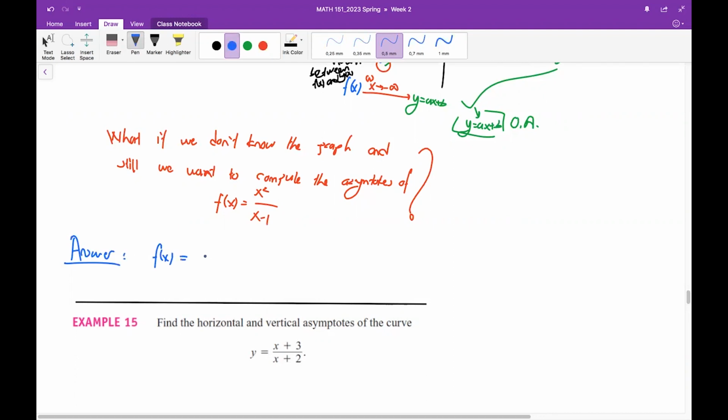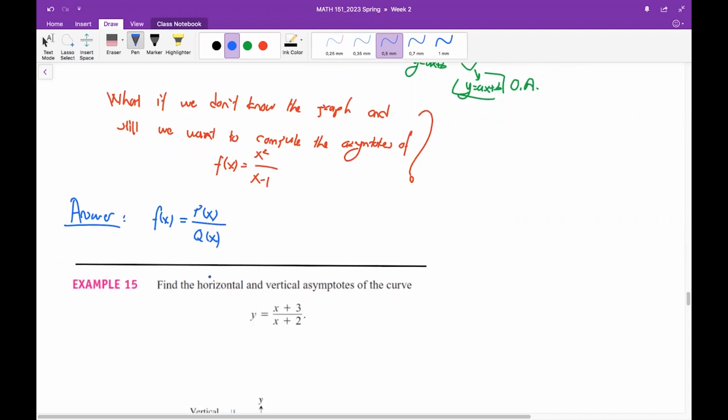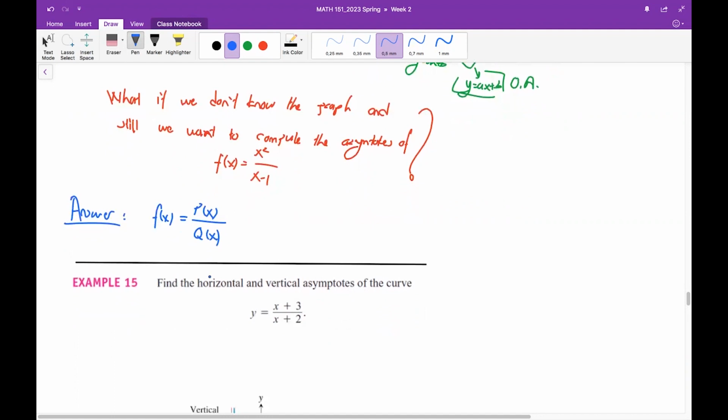If your function is in this form, p(x) over q(x), this is an answer in general. To detect the oblique asymptote, you will look at the degrees, okay? If the degree of p(x) is 1 more than the degree of q(x), which is the case here, degree for the numerator is 2, degree for the denominator is 1, and this situation holds, right?